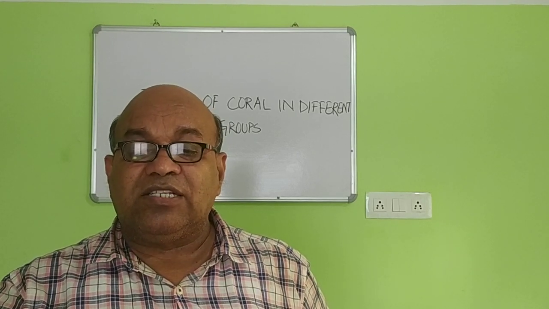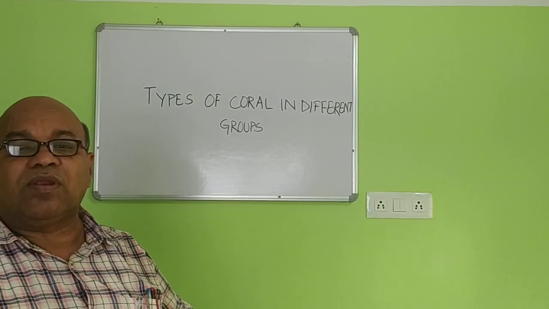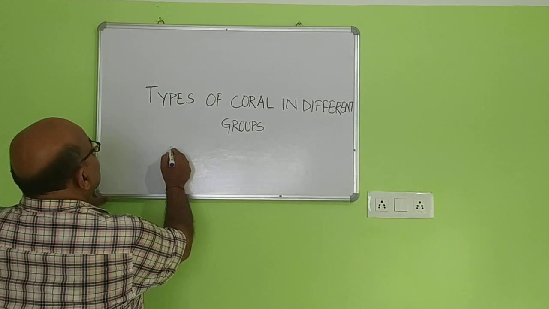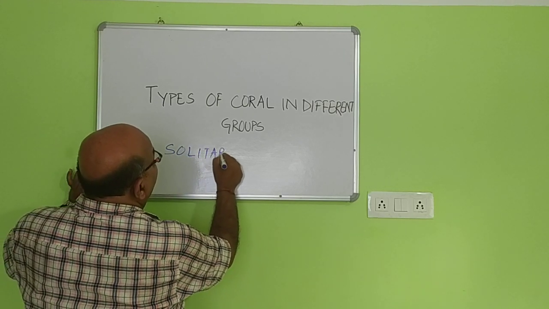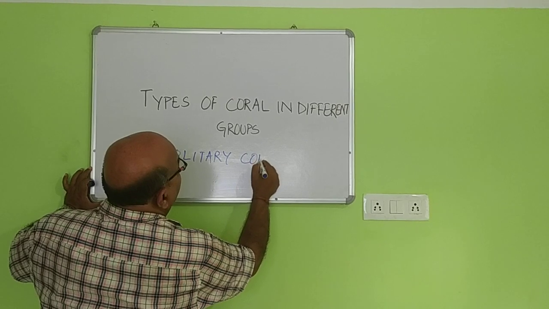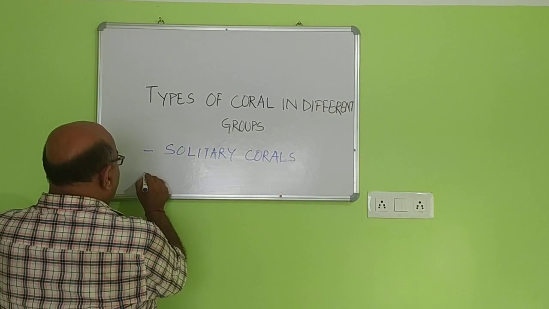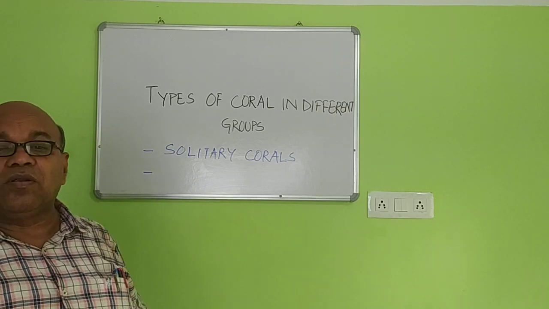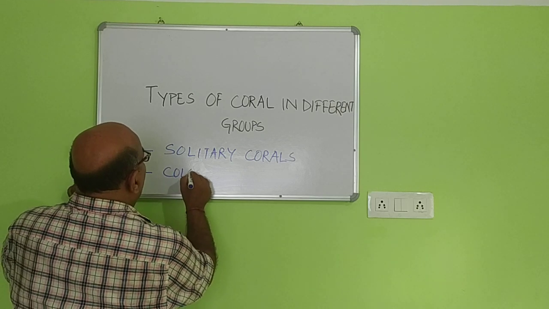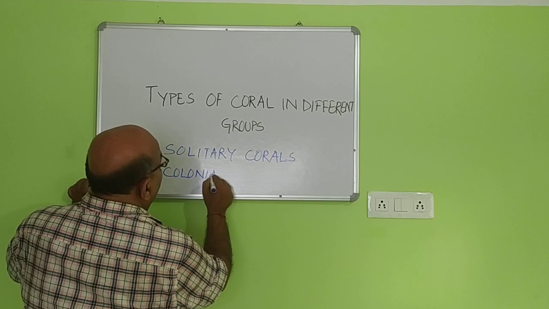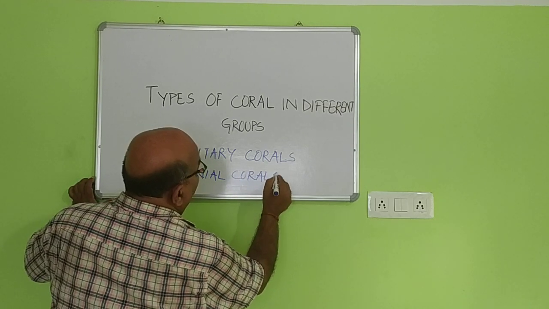One coral type is known as solitary corals. And the second type is called colonial corals.